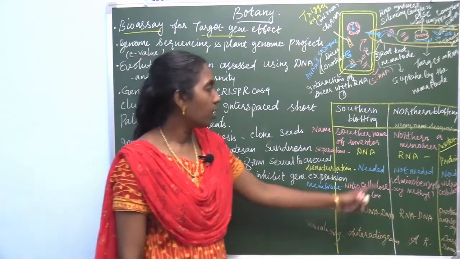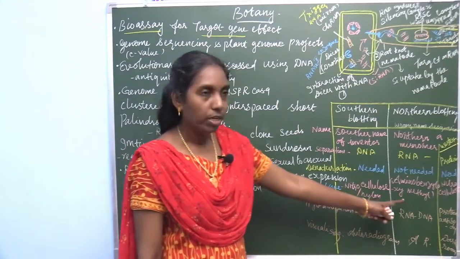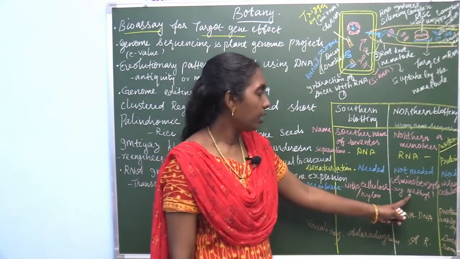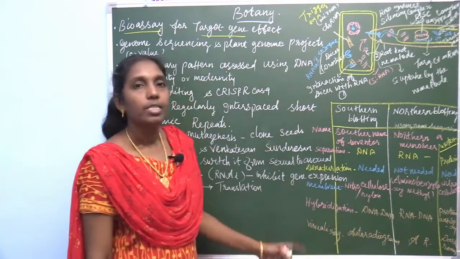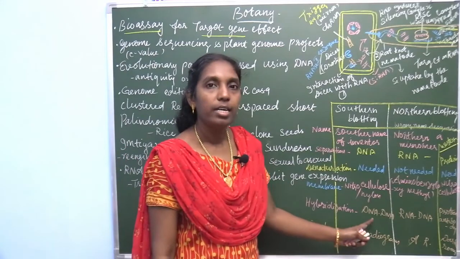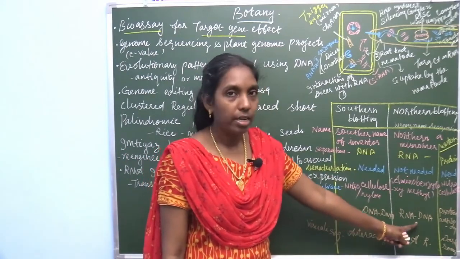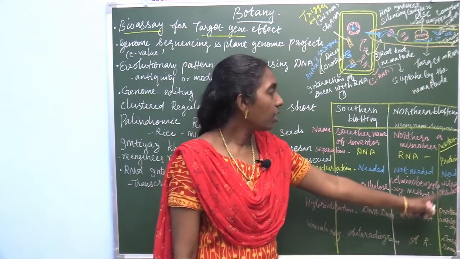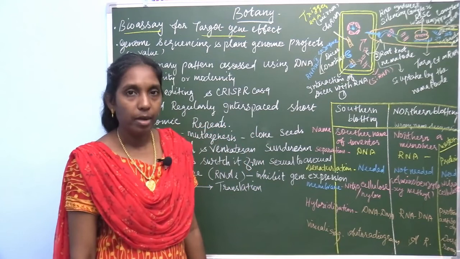Amino-benzyloxymethyl is used only in northern blotting technique. One word question, also it's important, amino-benzyloxymethyl. Then hybridization. In southern blotting, DNA hybridization, northern blotting, RNA to DNA hybridization, then western blotting, protein antibody hybridization.